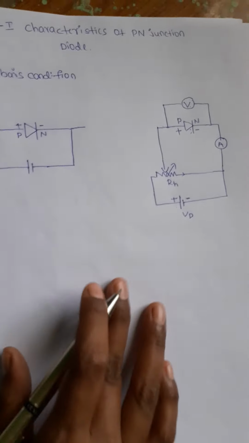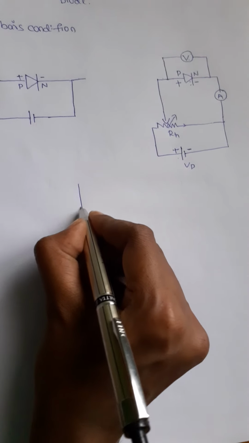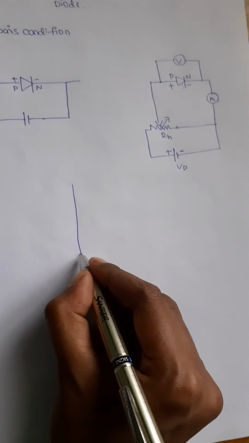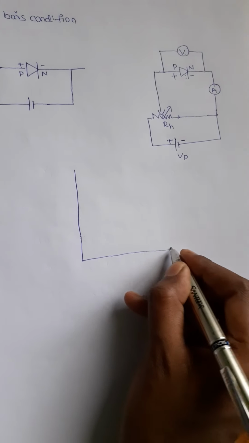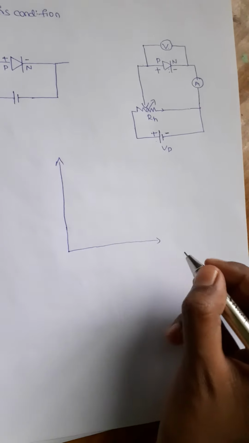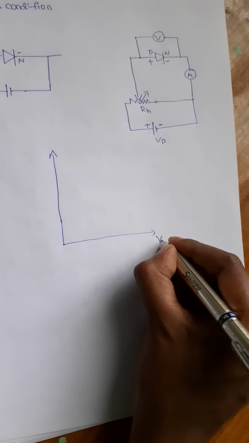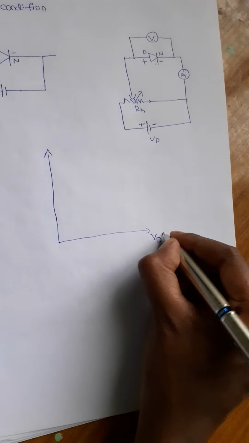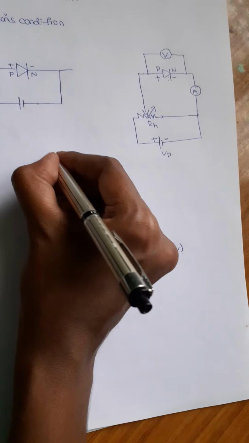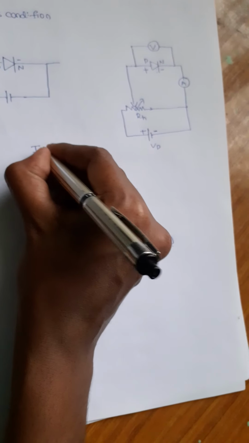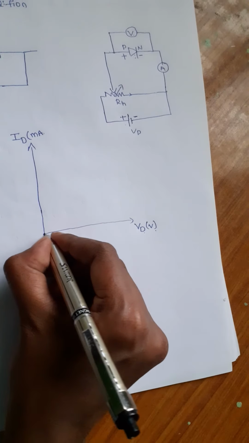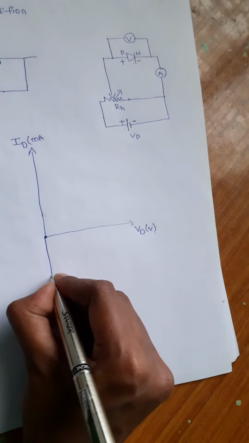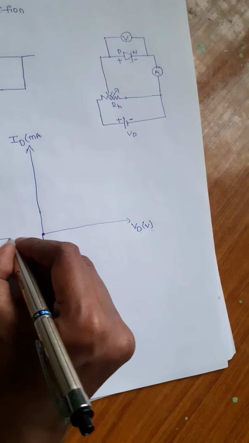The VI characteristics of this diode under the forward bias condition are given as follows. Here the voltage VD is in volts, and the current ID is in milliamps.